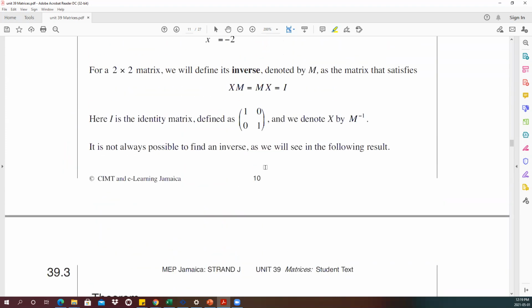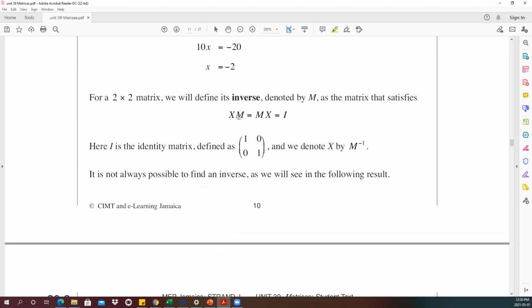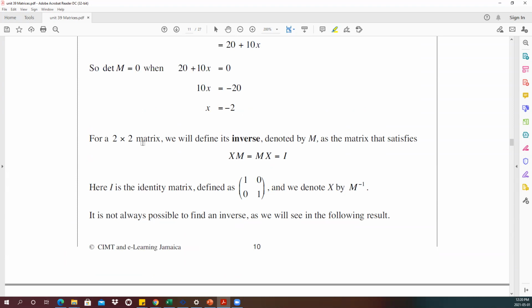The other thing I should emphasize is that we define the inverse of M as a matrix that satisfies XM = MX. Remember we said that matrix multiplication is not commutative?